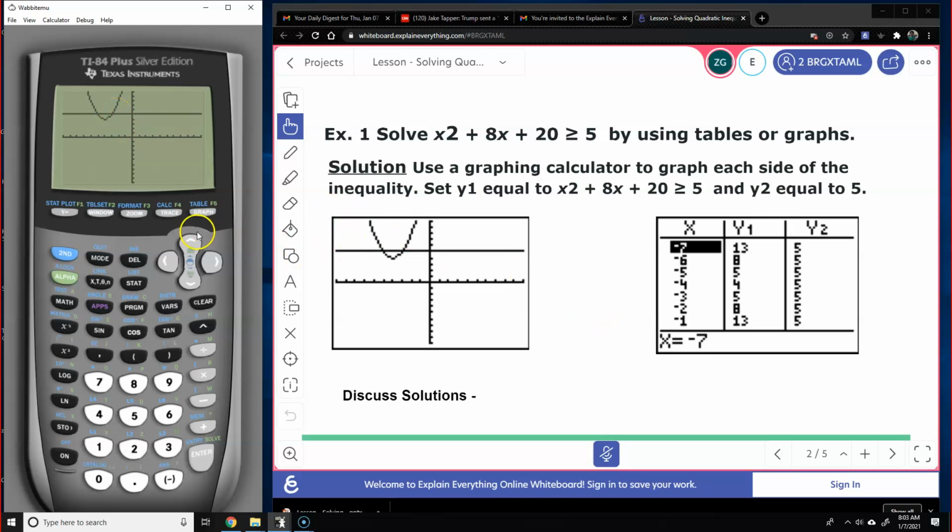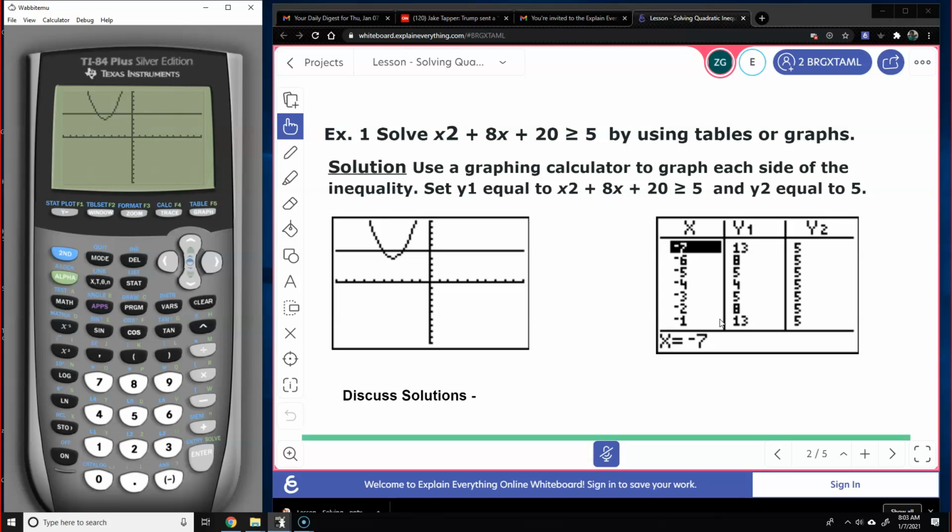Now we look at our table. X is greater than or equal to -3. So you see here we have -3, and you notice that when x is -3, it's 5. It's equal to.